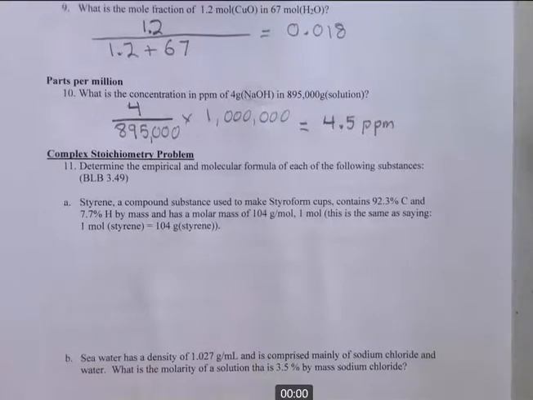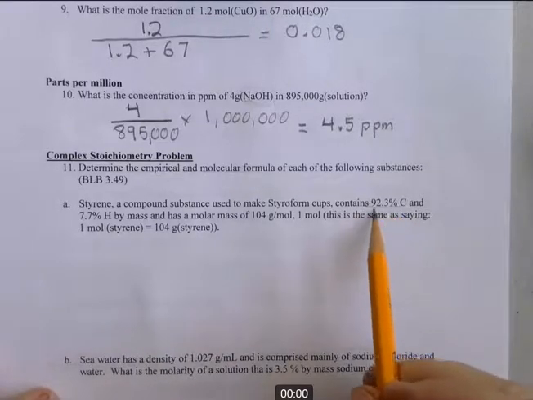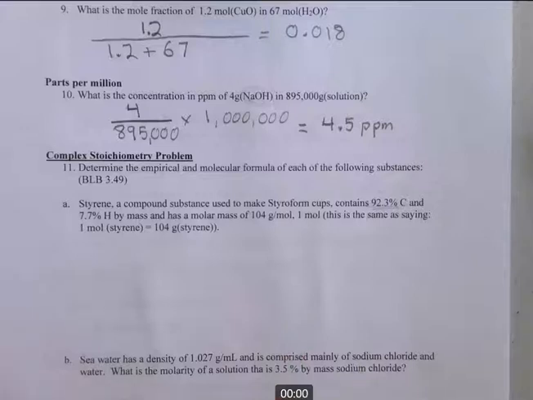All right. So, the question is, we want to find out what the empirical formula and the molecular formula is for that. Okay. So let's go ahead, and the first thing you do anytime you're given something in mass percent, this is the key to doing mass percent, otherwise you won't be able to do them.